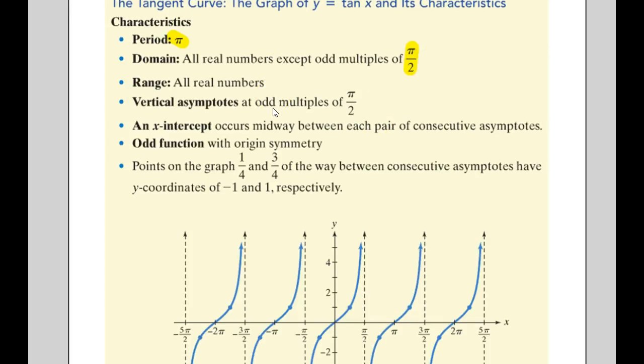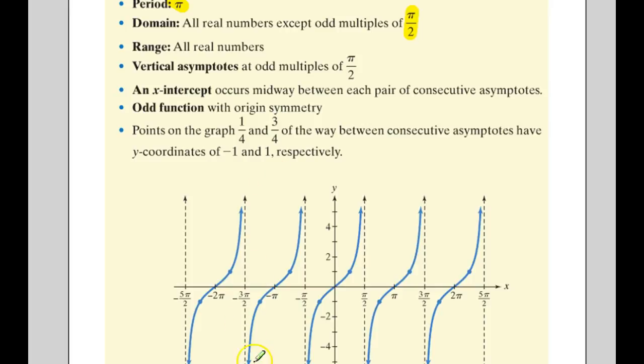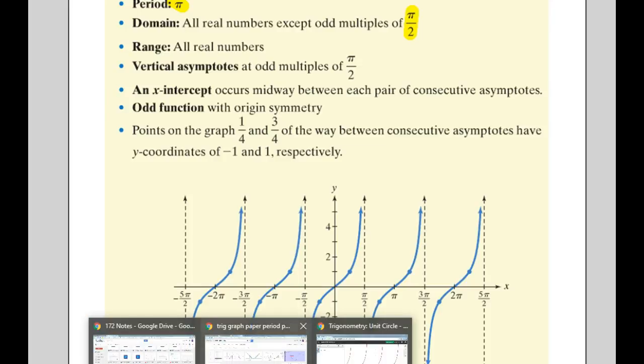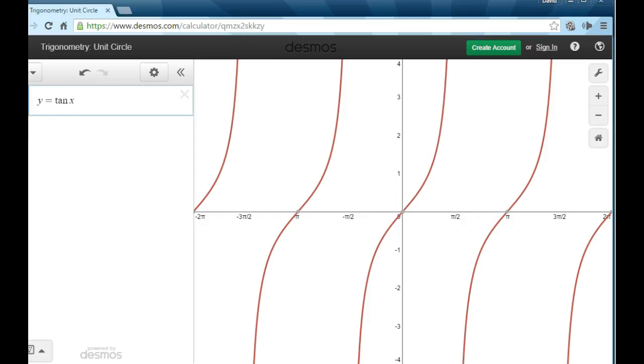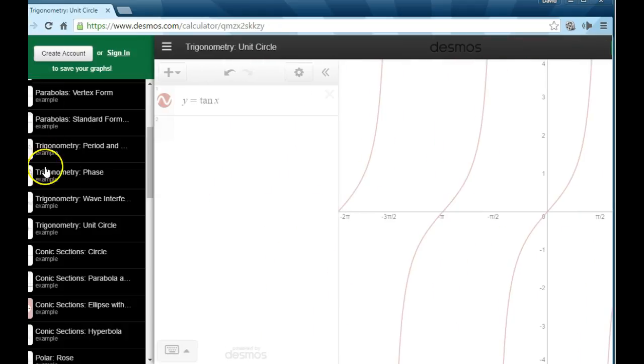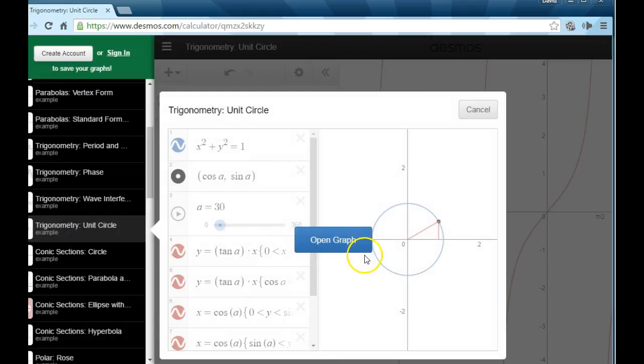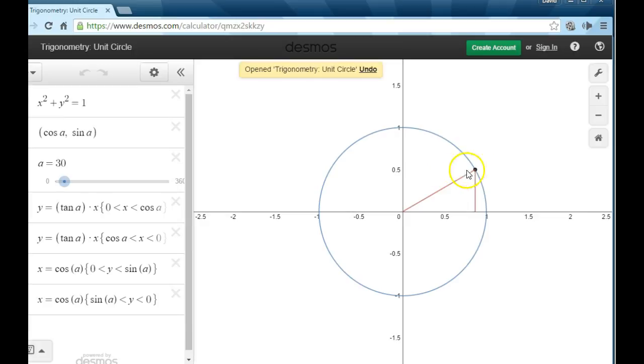The range is all real numbers. Like everything gets hit in just one period of tangent, between 2 vertical asymptotes, you hit everything. And again, think about the unit circle. That should make sense because we're talking about the graphs.